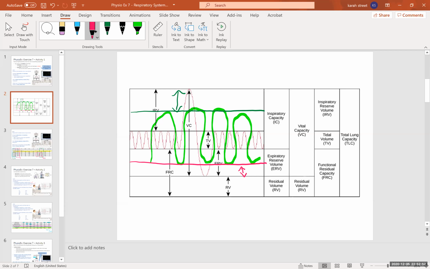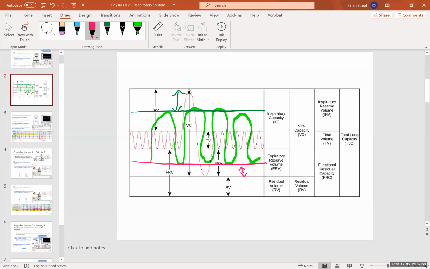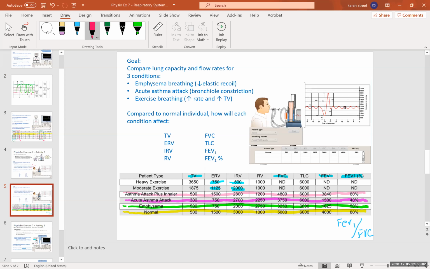It goes down, of course. That's what reserves are for. So notice with the moderate to heavy exercise, the volumes for expiratory reserve volume and inspiratory reserve volume are going down as the tidal volume goes up.